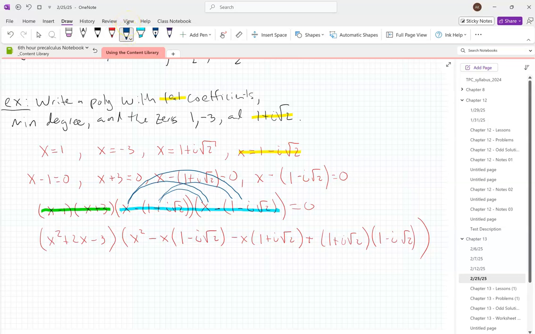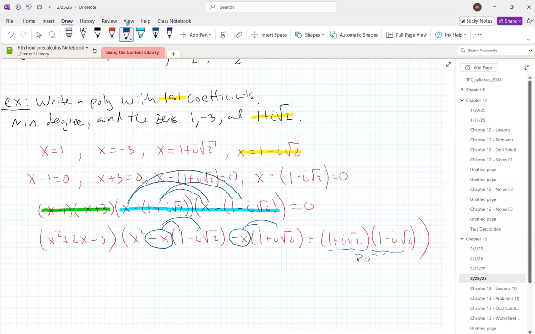Now I'm going to multiply the rest of this stuff together. So now finally I'm going to distribute through. So I need to remember to take that negative sign in front of my x on my way through when I distribute. And then this, look at these things. Do you notice that I have one plus i root 2 and the other is 1 minus i root 2?